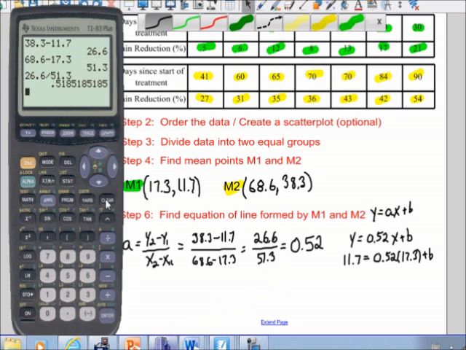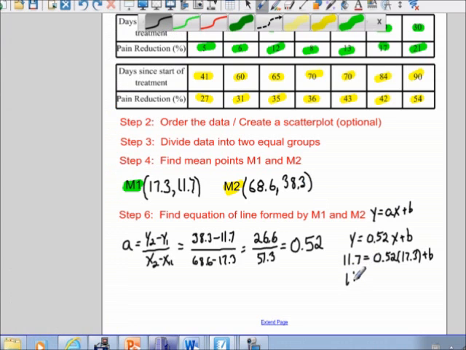All right, so we bring up our calculator again. So I get 0.52 times 17.3. That's 8.996. Well, we'll just make that 9. So we've got 11.7 equals 9 plus b. And then subtract 9. Whatever I do to one side, I do to the other.